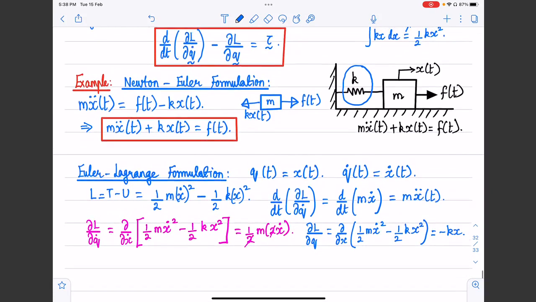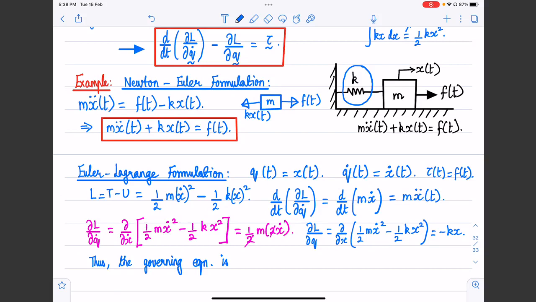So now we use this equation and write down the governing equation. What is the generalized force? The generalized force is nothing but the force applied. So tau of t in this particular case is only the force which is applied on the mass, F of t.